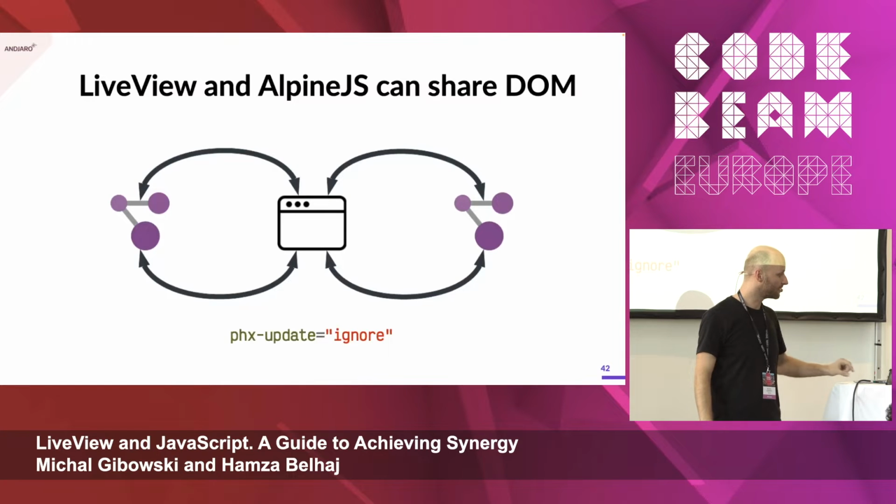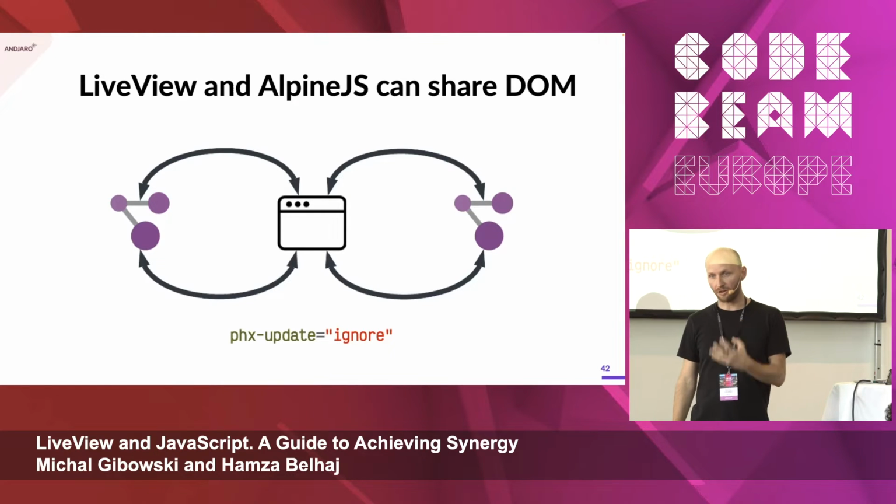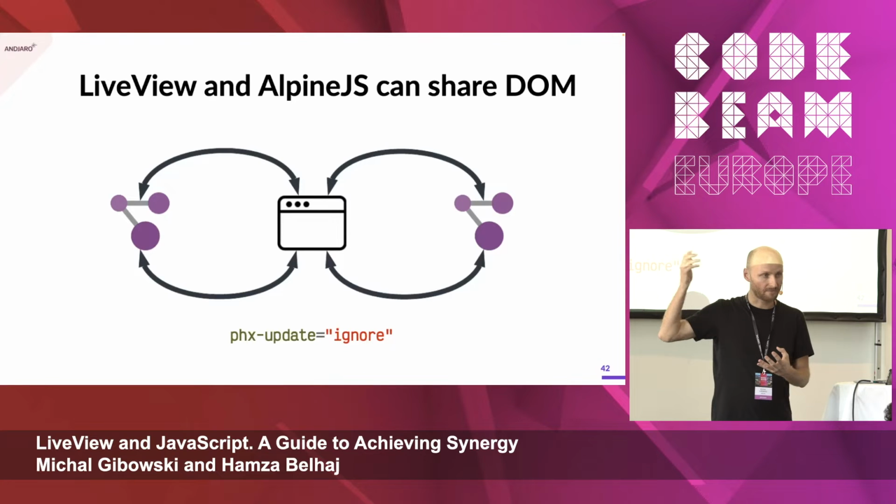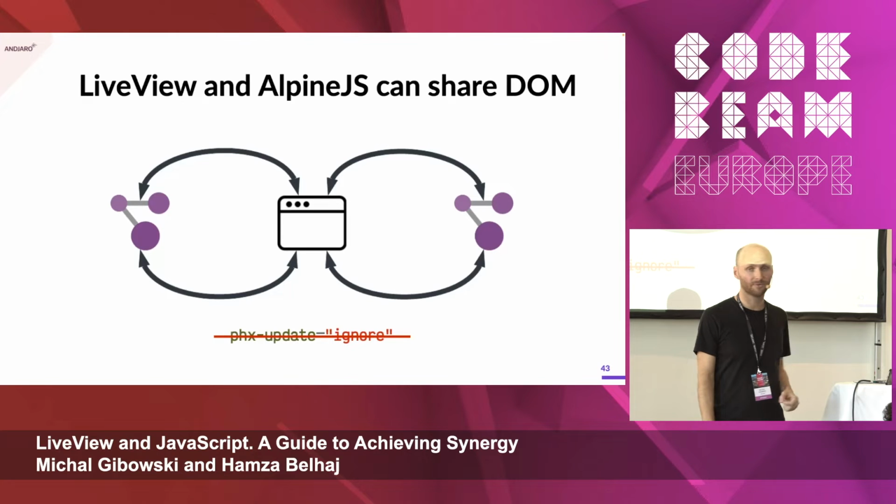So if you remember this phx-update ignore attribute that Hamza showed us, we needed to declare it when bringing in the flatpickr library. Otherwise, LiveView diffing would mess up our flatpickr. With AlpineJS, this attribute is not necessary.